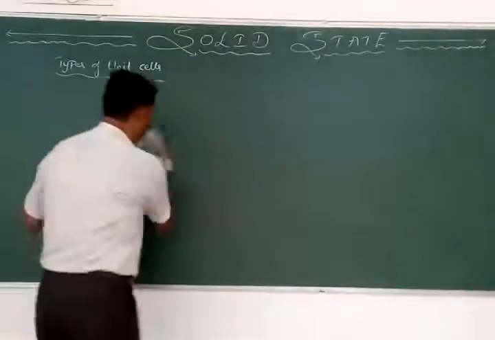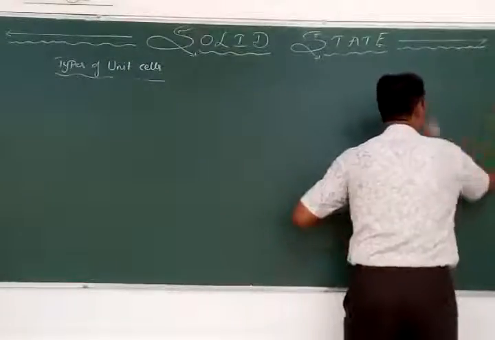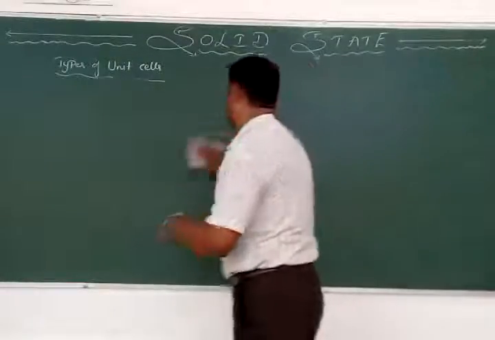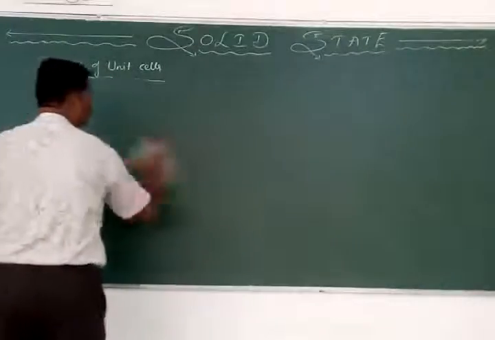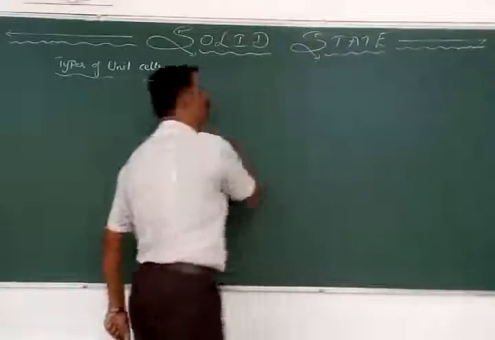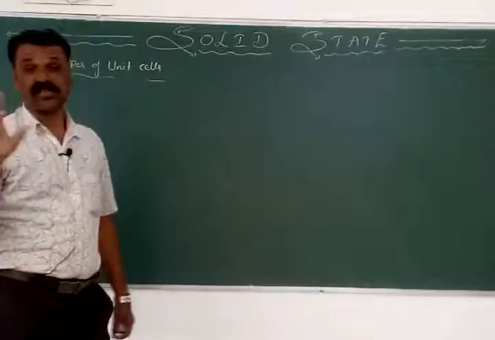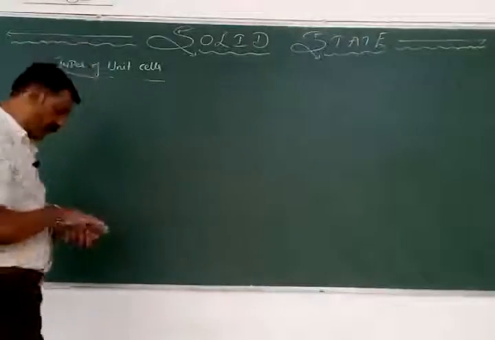The most symmetrical crystal system or unit cell is cubic, because a cube is a 3-dimensional arrangement consisting of how many corners? 8 corners, 6 faces with 12 edges. So let's draw that one.